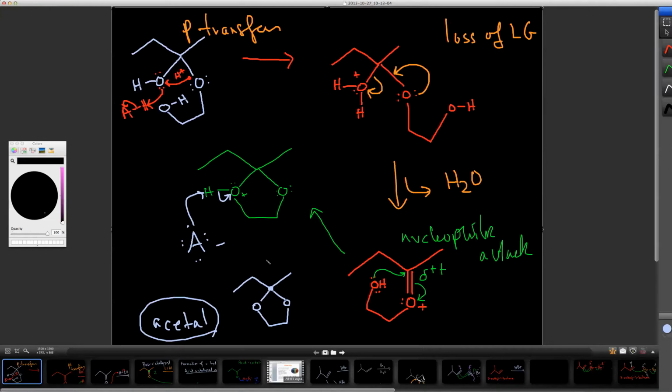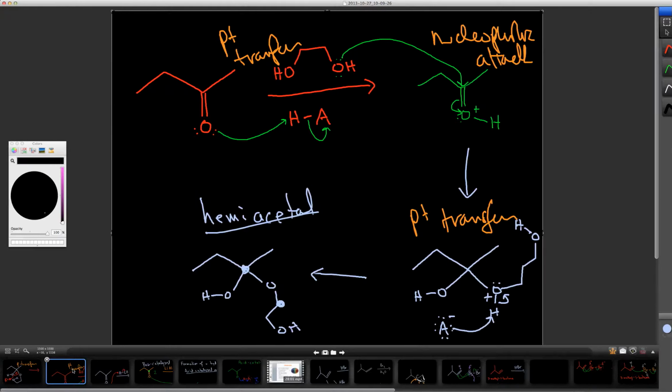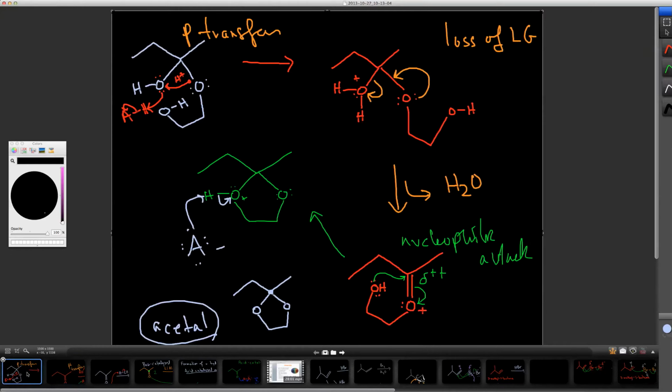So let's recap what these steps are one more time. Step 1 is a proton transfer. Step 2 is nucleophilic attack. Step 3 is a proton transfer. Step 4 is a proton transfer. Step 5 is loss of a leaving group.